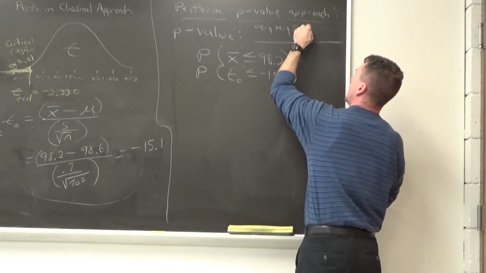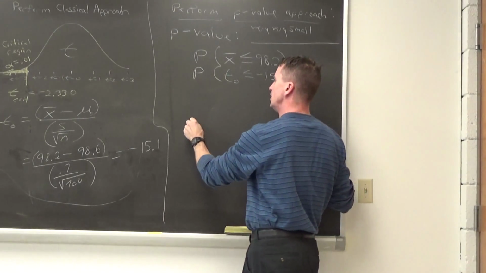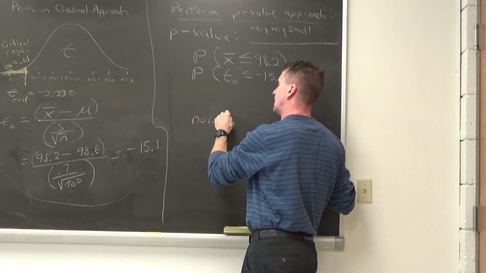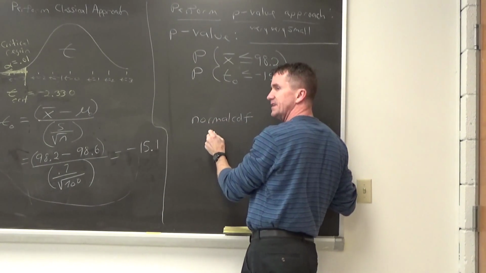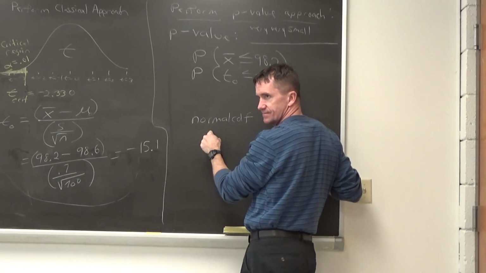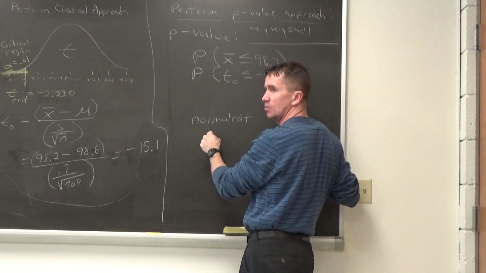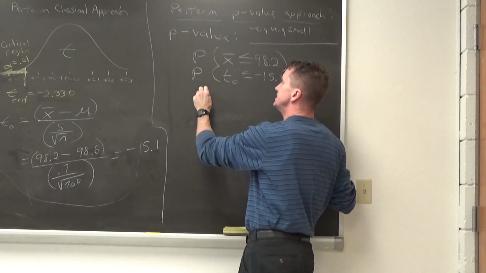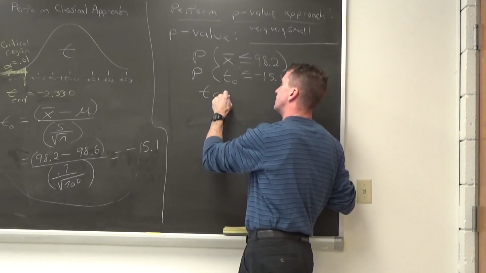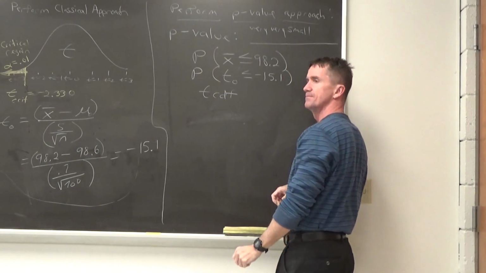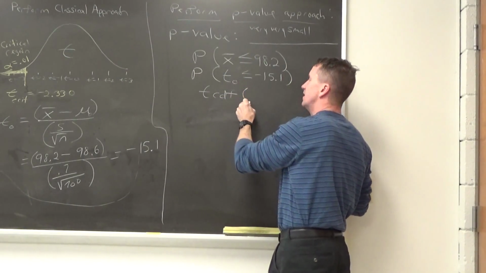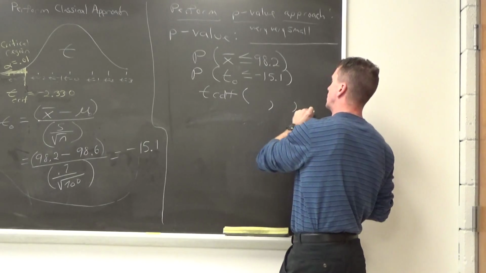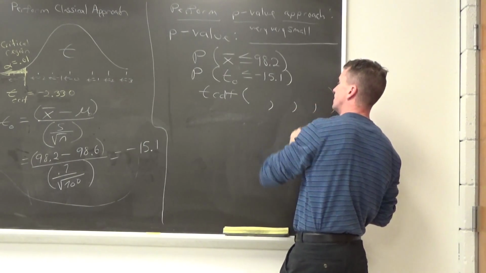So how do I do this on a calculator? Do you remember we always used normal CDF on the last test? Well, that dealt with z-scores. We're now doing t-scores, so we're going to use something called TCDF. Now, does everyone remember the things we always had to do?